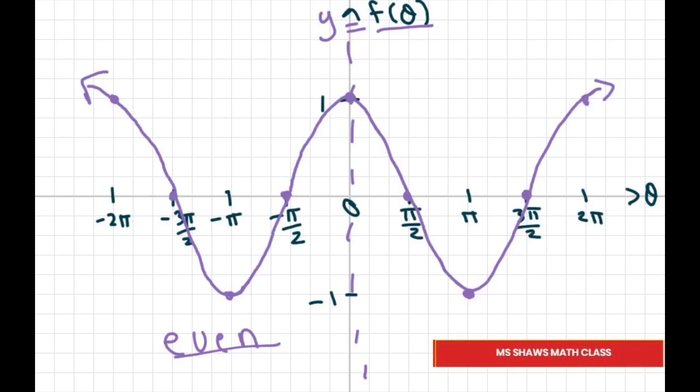Now what you need to do is, on cosine, you need to do this 5 times. You need to be able to graph this cosine wave very quickly. So if you practice this 5 times, you have it, because when you do transformations, it's going to come in very handy that you just automatically know how to graph the cosine wave.